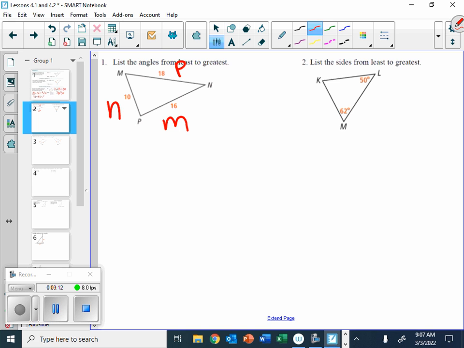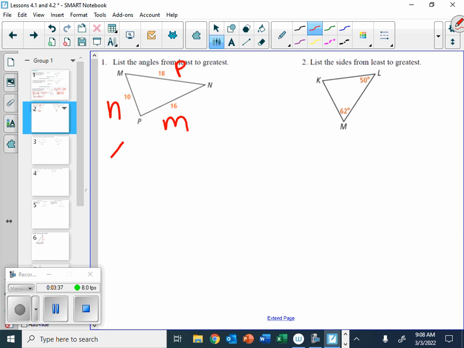Good. Okay. So I'm given the sides. I want to list the angles from least to greatest. The smallest side corresponds with the smallest angle. The smallest side is going to be across from the smallest angle. So which angle is going to be the smallest? N. Side N is the smallest, that's 10.